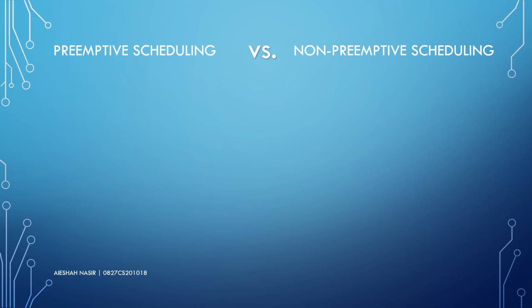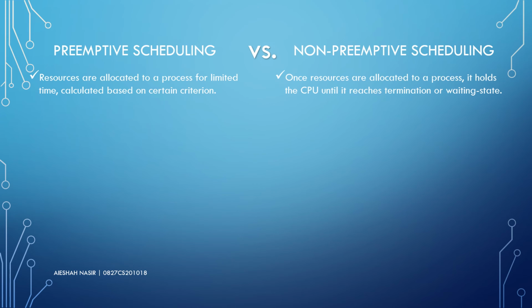Comparing preemptive and non-preemptive scheduling, we notice resources are allocated to a process for some calculated time in preemptive one, and in non-preemptive, we have resources allocated to a running process until it gets terminated or goes into waiting.